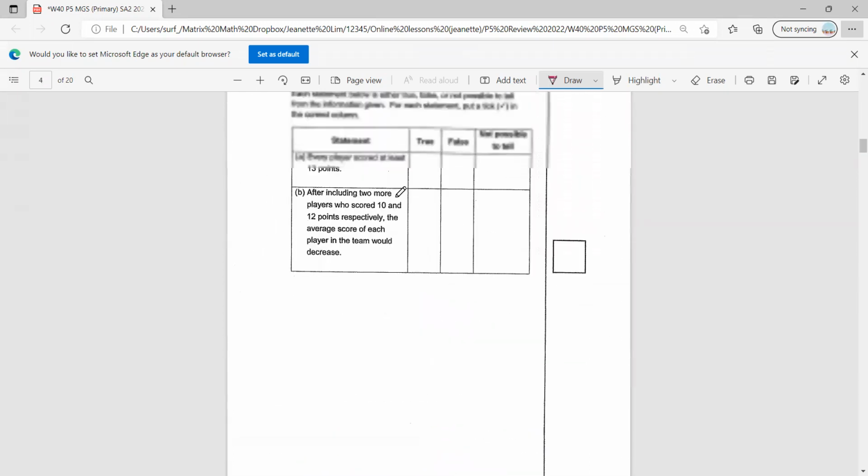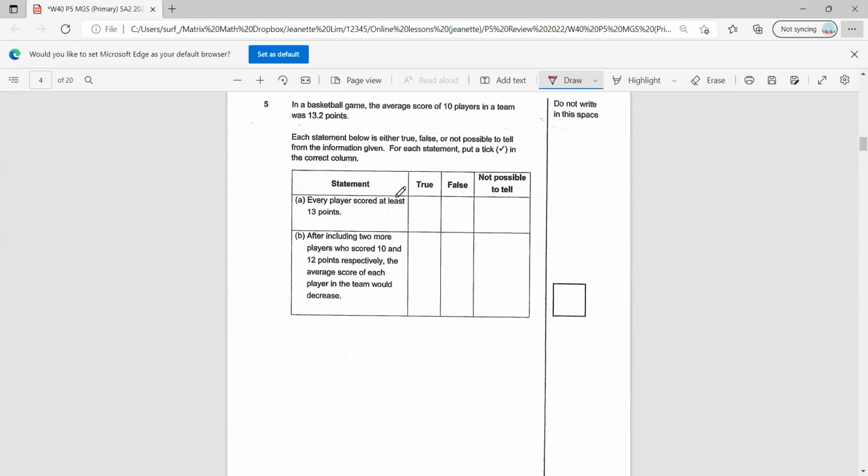Okay, question 5. In a basketball game, the average score of 10 people is 13.2. We need to see if the statements are true, false, or not possible to tell. First one: every player scored at least 13 points. It is not possible to tell.